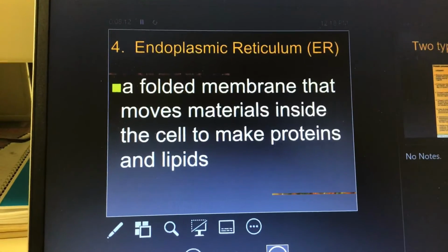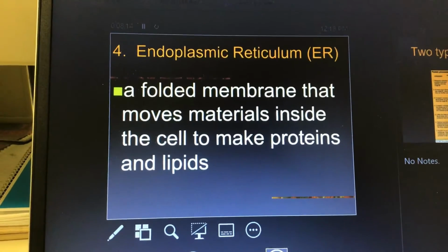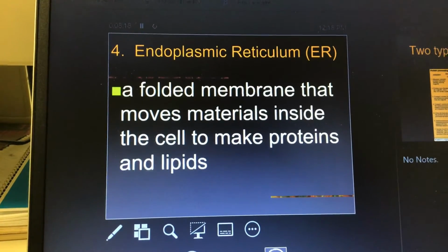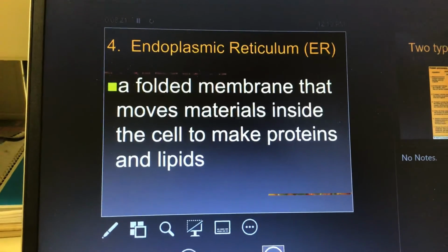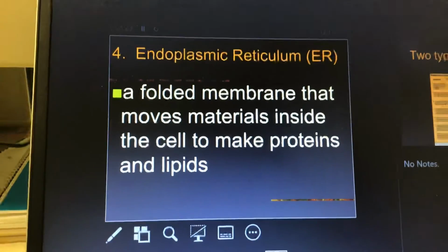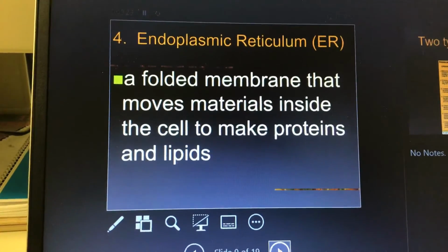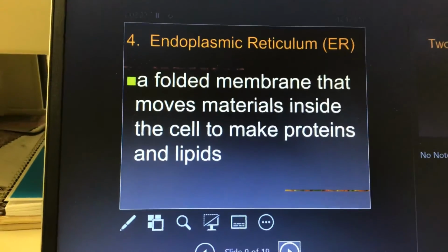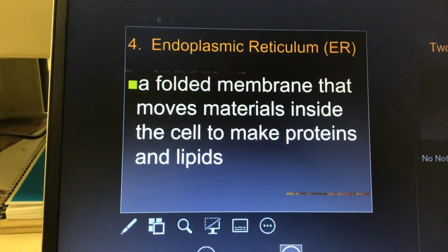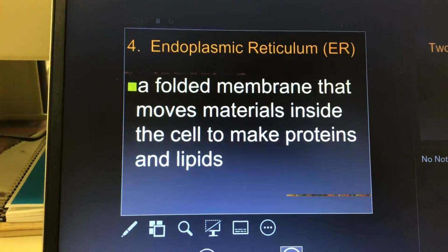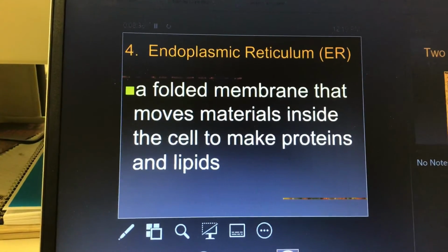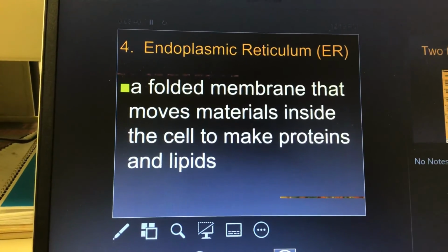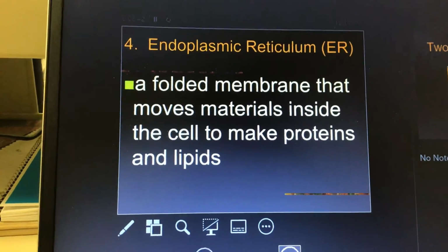You need lots of proteins right now because most of you are growing like crazy. Height, and some of you guys are gaining weight. That takes tons of protein. It also makes lipids, and lipid is a fancy word for fat. Anytime you hear phospholipid or anything with lipid, it means fat, and you need fat in your body as well.